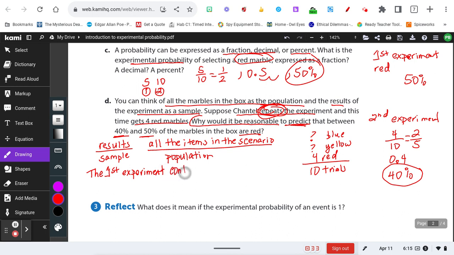The first experiment contained 50% red marbles. The second experiment contained 40% red marbles.